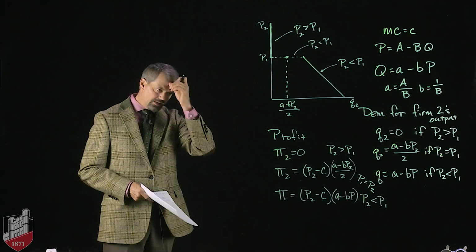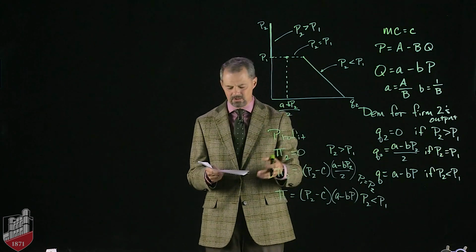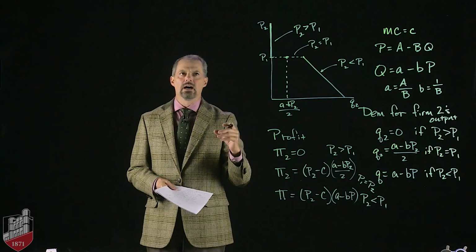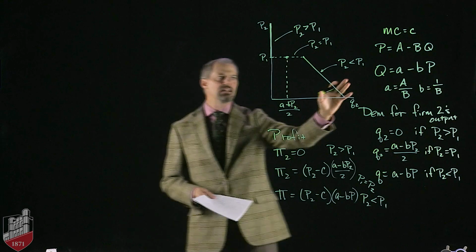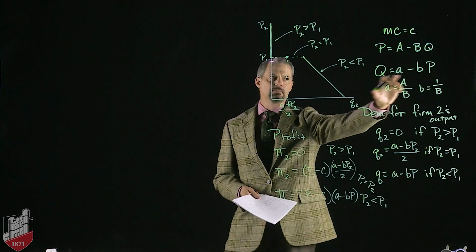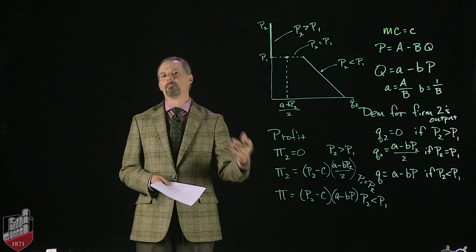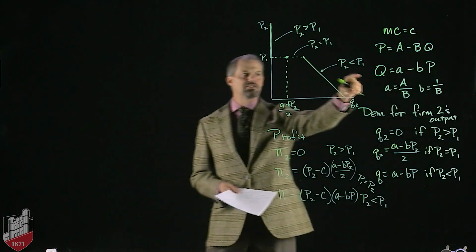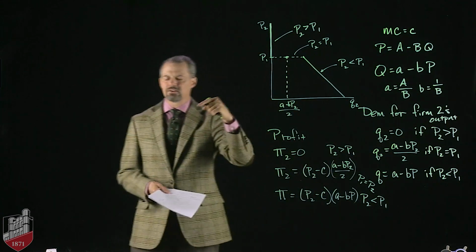Now what we're interested in is we need to figure out each firm's best response function, right? That's what we're after. It's going to be useful to compare that to the monopoly price. So if we pretended we had this situation with this market demand curve, and we thought about what the monopoly price would be, you could invert that to get the inverse demand curve.